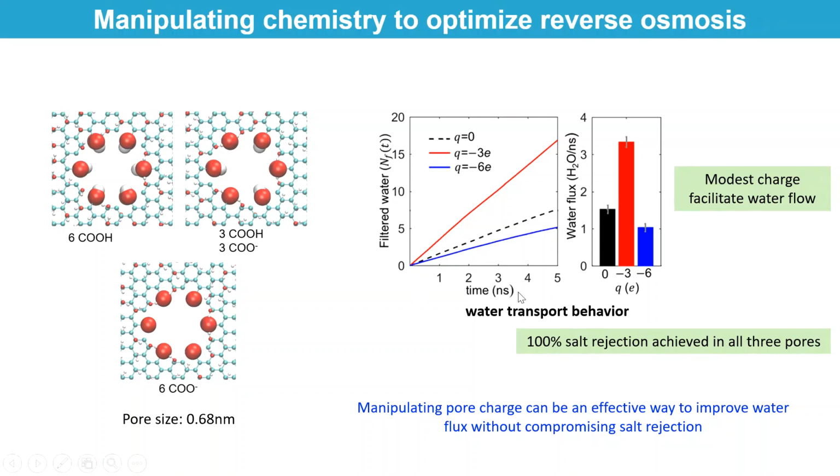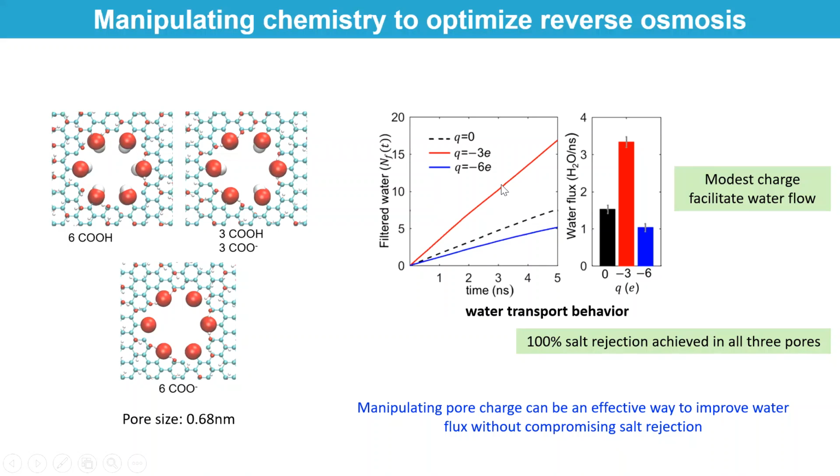Now that we have this chemistry set up, we can run a molecular dynamic simulation. This figure shows, as a function of time, how many water molecules pass through this pore. At zero charge, when the functionalization group is neutral, we have a fairly slow permeation of water through the membrane.